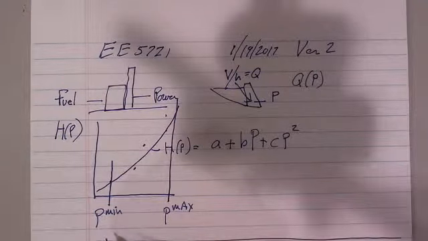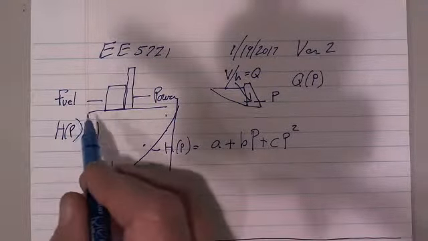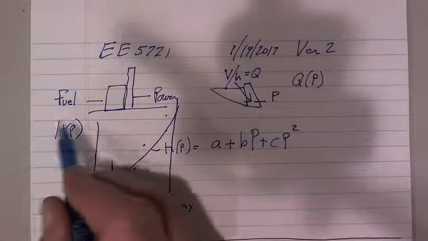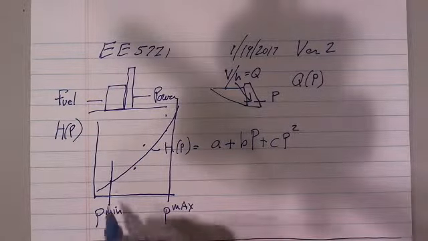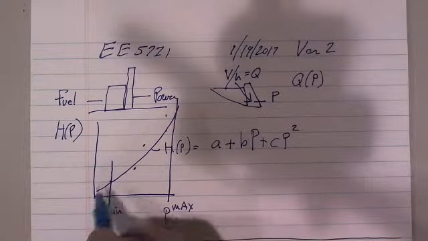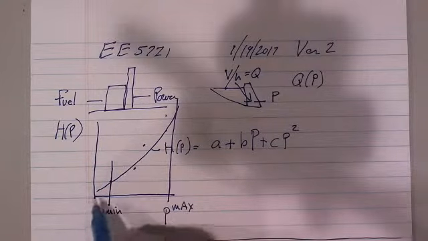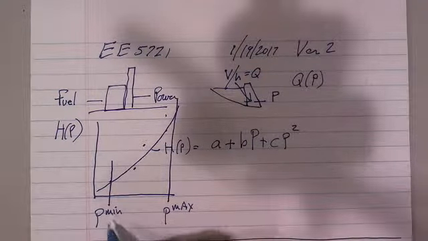The min has a lot to do with the control systems that keep the fuel flowing into the plant, and those control systems and the turbines and so forth don't operate well below a certain minimum.